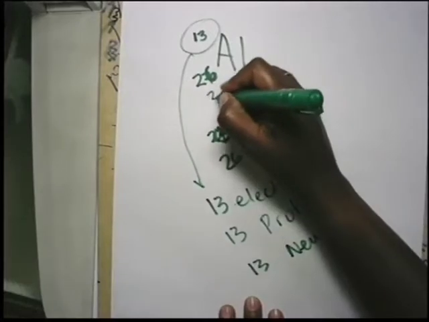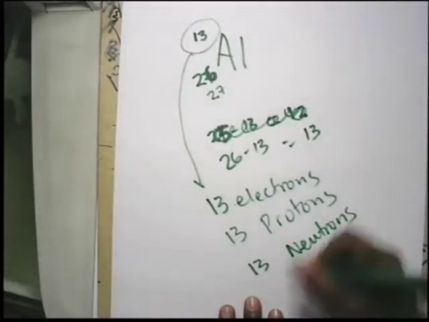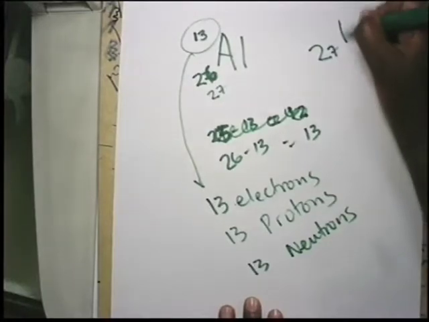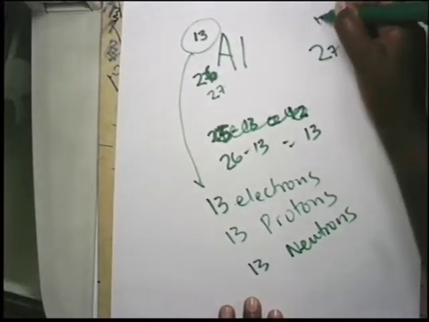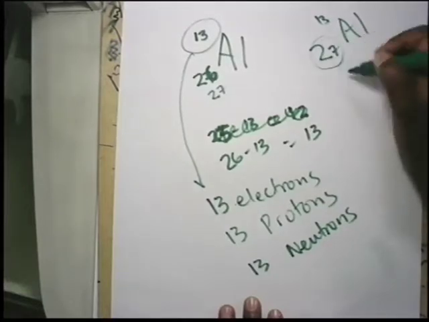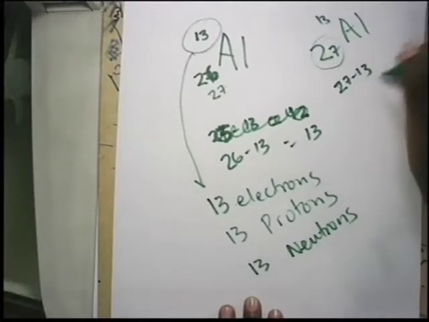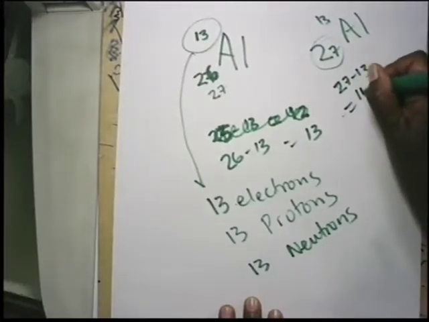But if it was 27, just for example, then we know this aluminium atom has 13 as its atomic number and 27 as its mass number. Then we subtract 27 minus 13, which gives us 14.